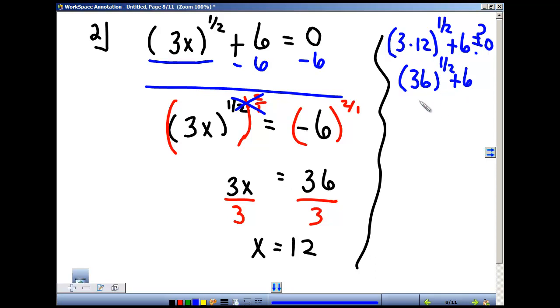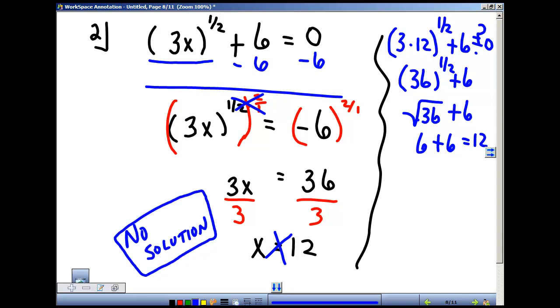The square root of 36 is 6. And 6 plus 6 is equal to 12, not 0. So 12 is not my answer. My answer is no solution.